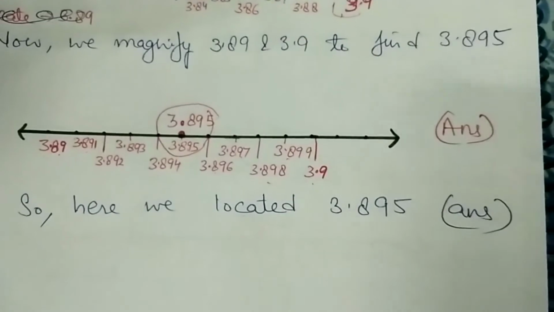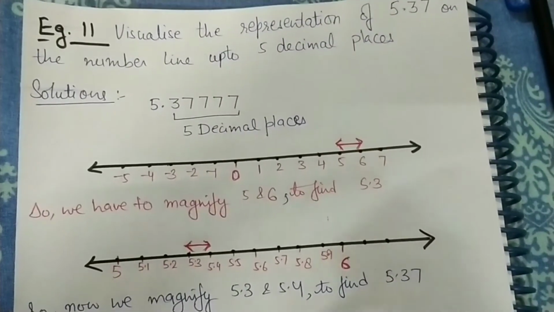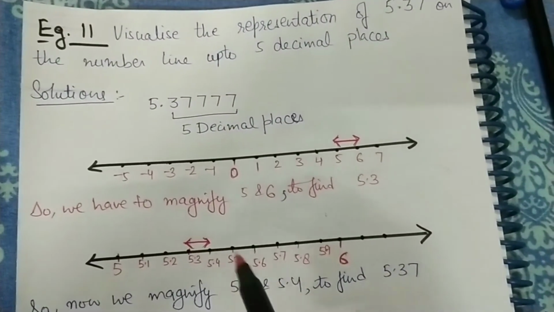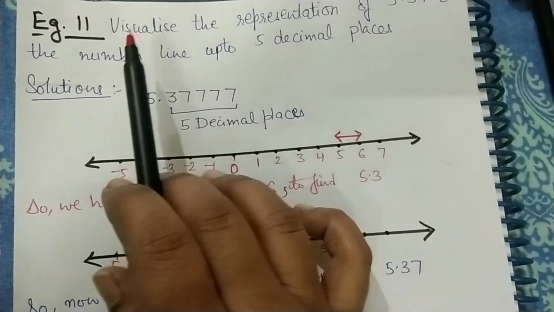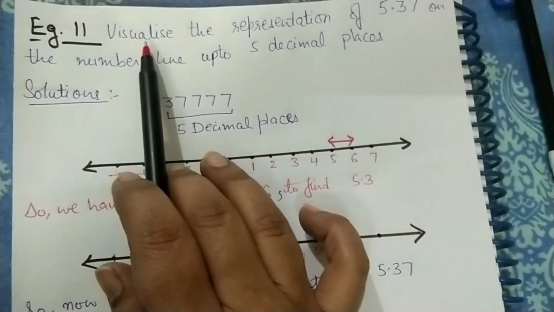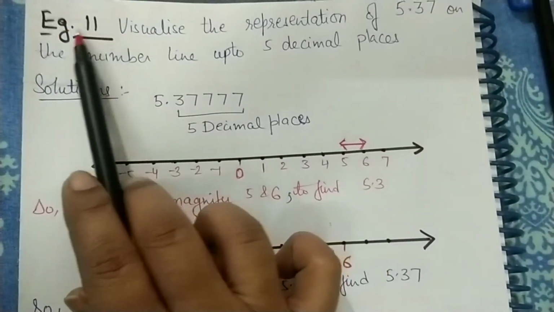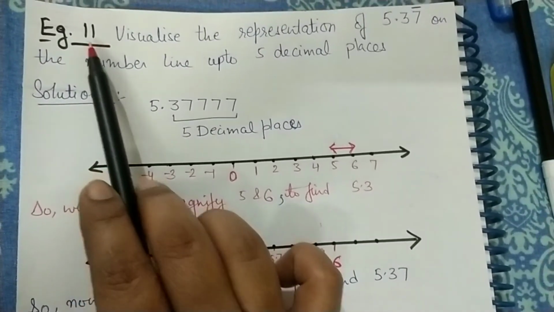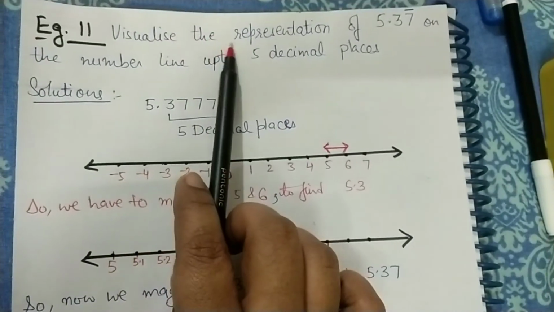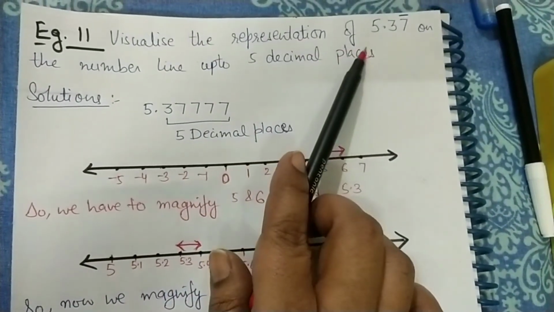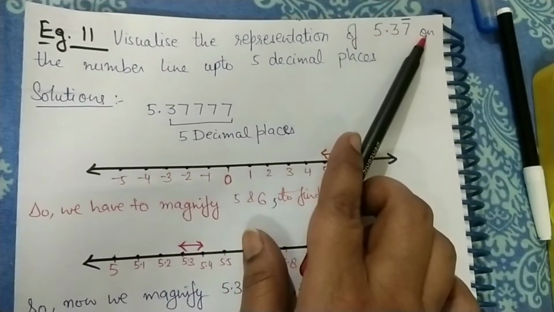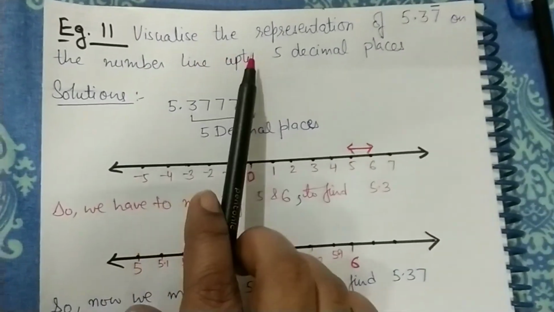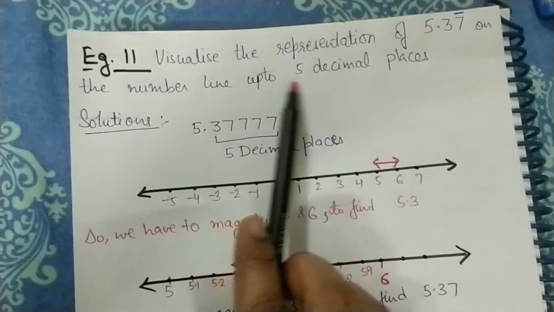So now we have located one example of this decimal expansion representation. Now we take example 11 of your exercise. Visualize the representation of 5.37 (with a bar over the 7) on the number line up to 5 decimal places.